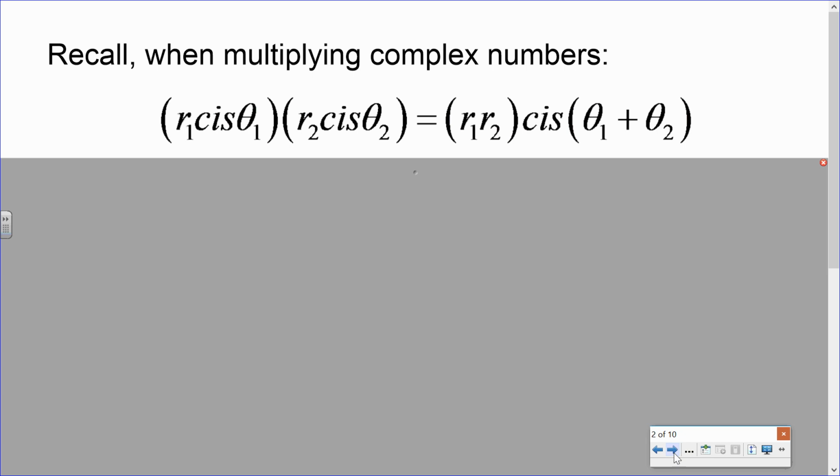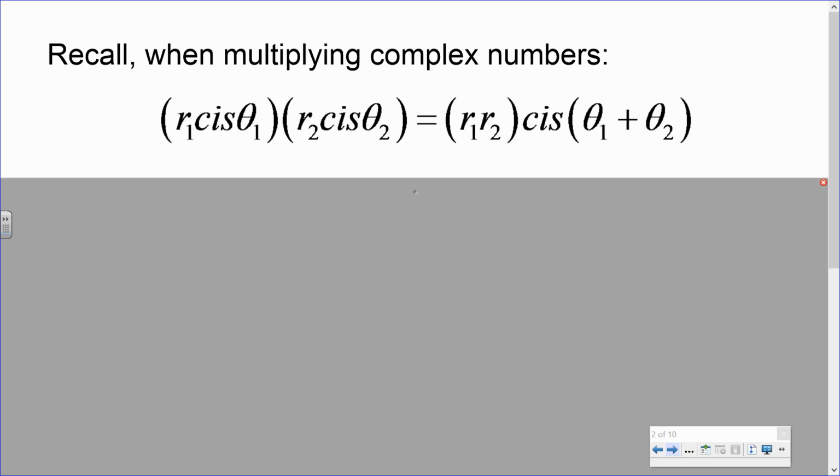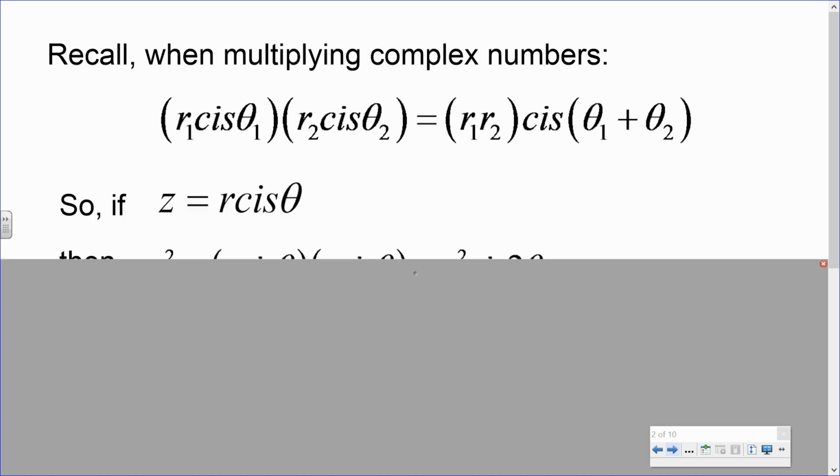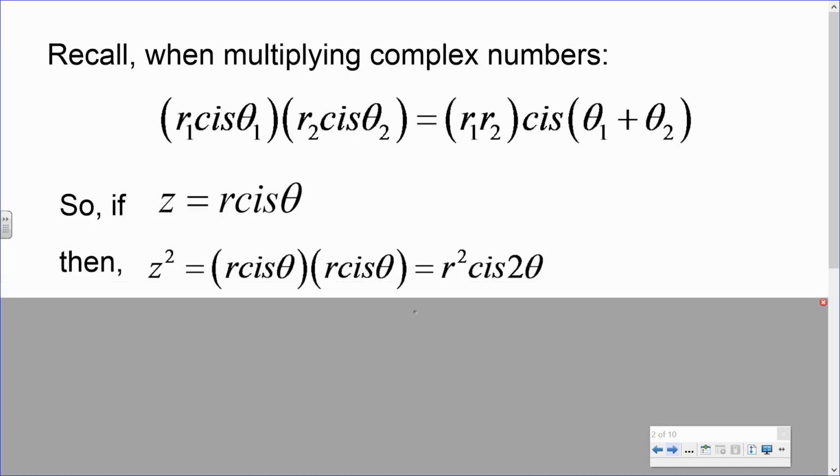Like you see up here on the board, we would multiply the magnitudes, so we'd have R1 R2, and then we would add the angles together, so we'd have theta 1 plus theta 2. If those happen to be the same thing, instead of R1 times something different, it's going to be R times R, so we'll have an R squared. Instead of adding two different angles, we're adding the same angle to itself, so we have 2 theta.